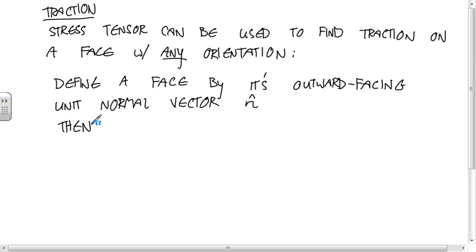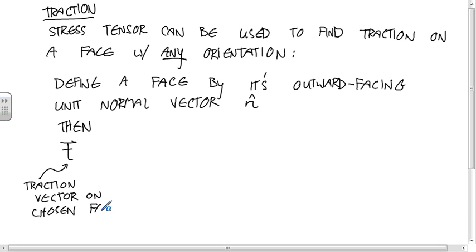If you do that, then t, that's the traction vector on the chosen face, is equal to the stress tensor times that unit normal vector.